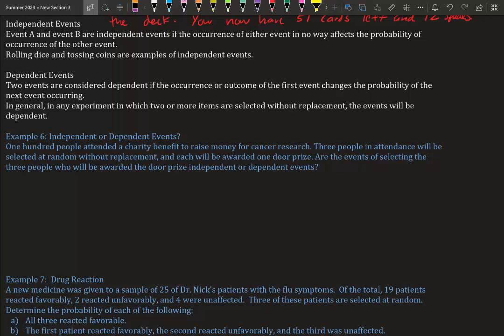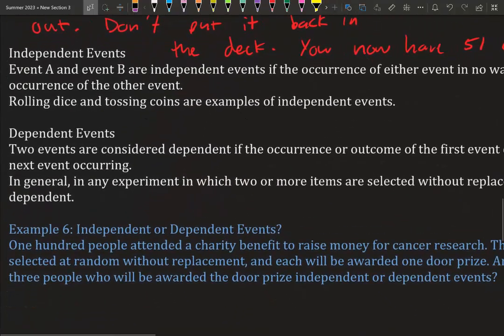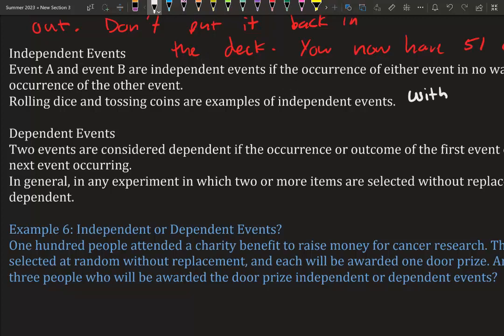It's always going to be there. So another way to remember independent events is with replacement. As well, with replacement is generally independent because if you put it back, it doesn't change the deck of cards. If I pick a marble out of a bag and put it back, the bag stays the same again.